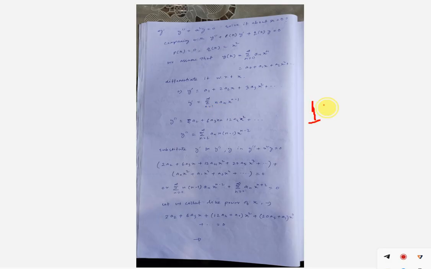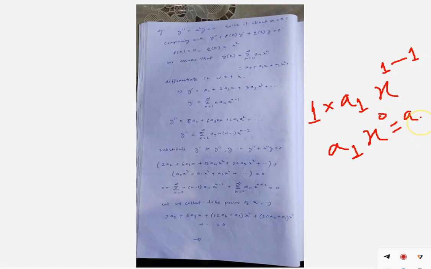The first term, let me show you: 1 into a subscript n, so a1, then x to the power n minus 1, so x to the power 1 minus 1, which will be x to the power 0, so it will be a1.